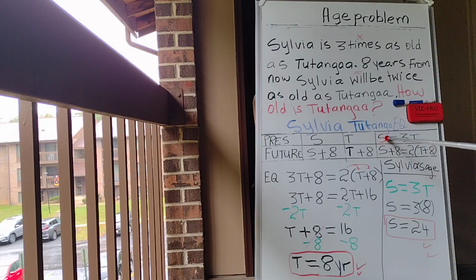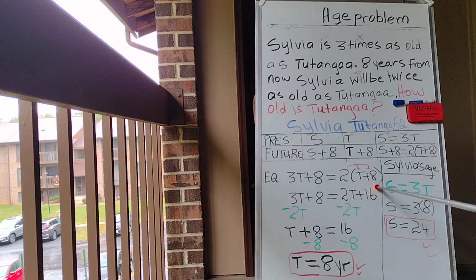Since we have 2 S's, we are going to substitute the 3t into s, and that is exactly what we have here: 3t plus 8, that is the one over there, equal to 2 times parenthesis t plus 8.